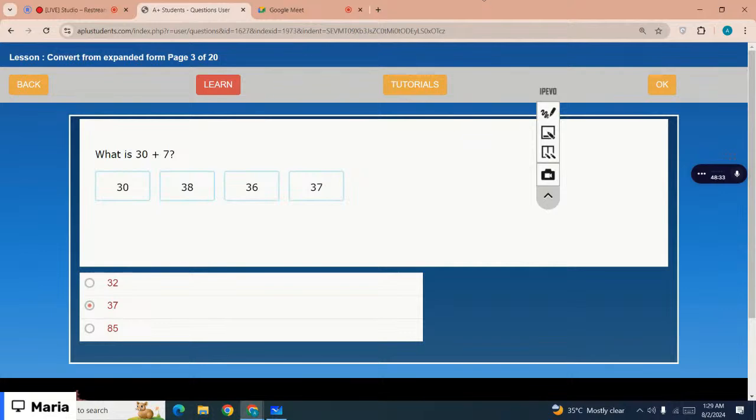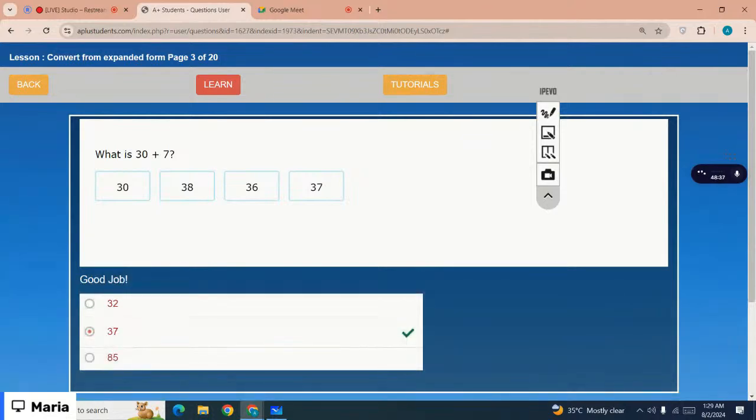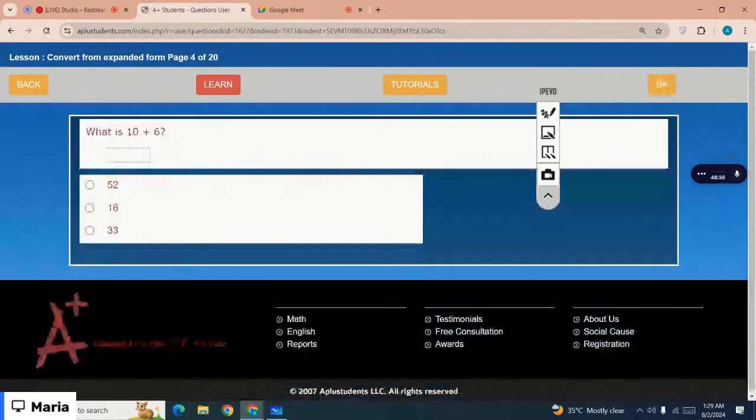Got it? What is 10 plus 6? So which is the correct option?